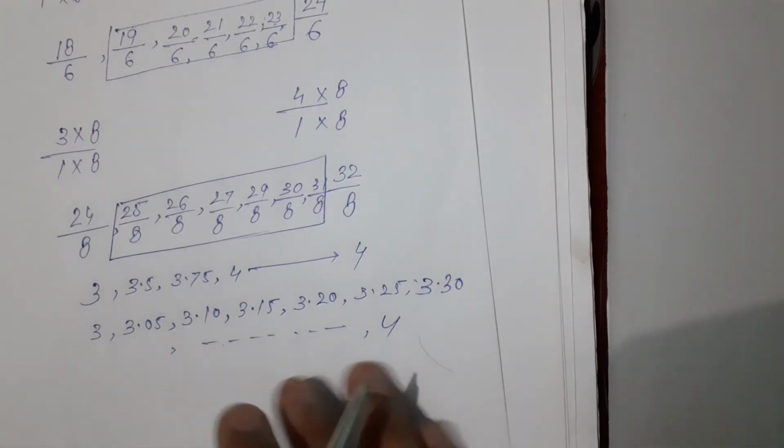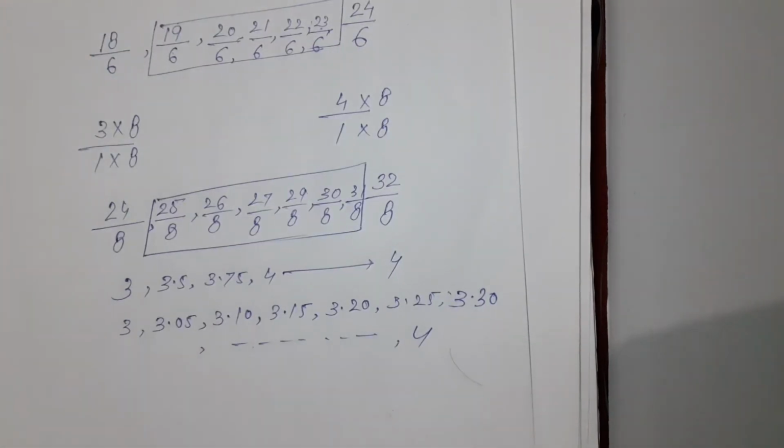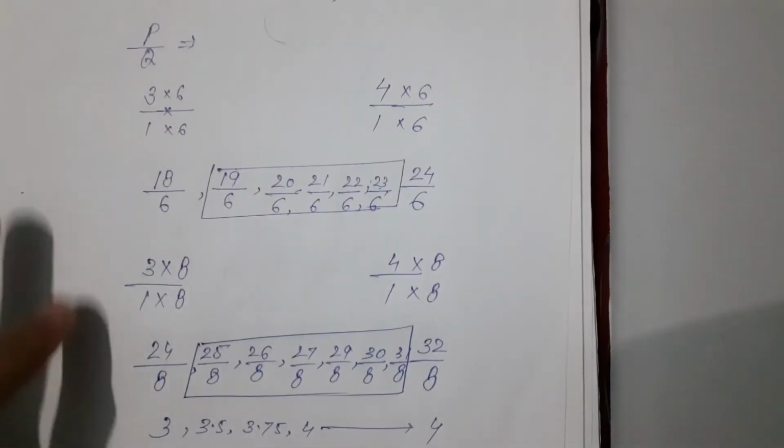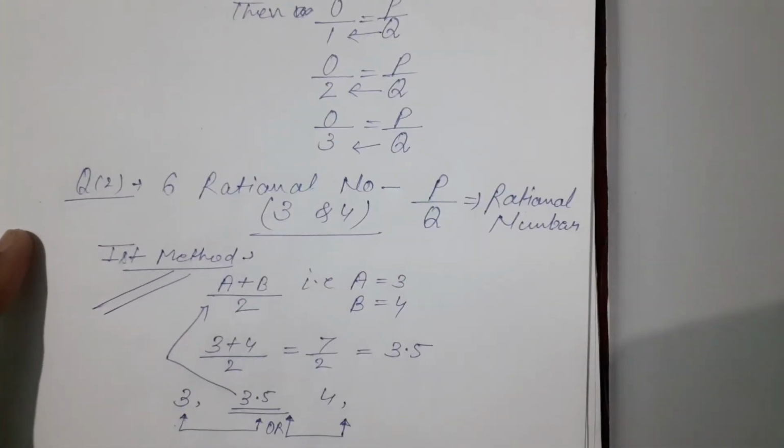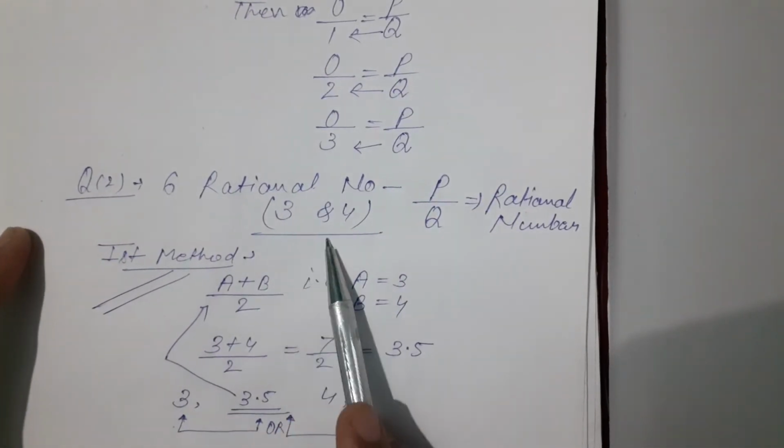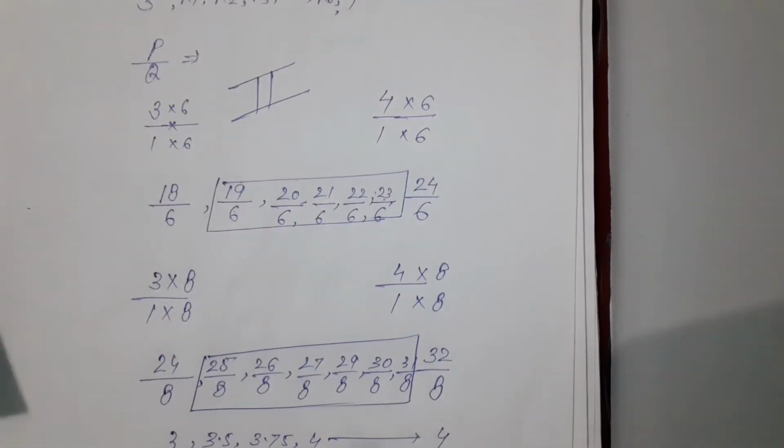Then you can write infinitely many rational numbers between the given two numbers. So this is the second method, along with the first method, to calculate rational numbers between any two numbers. Now move to question number 3.